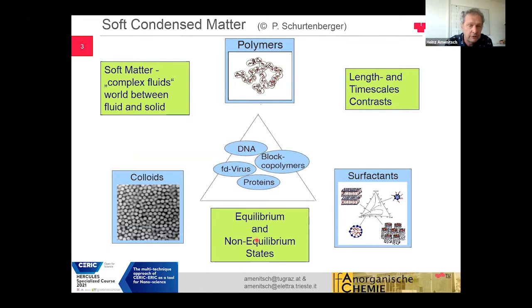Examples for soft condensed matter are polymers, then surfactant systems, where you are looking at very complex phase diagrams. Here showing examples where you go from spherical micelles to tubular structures, so hexagonal phases, or lamellar phases. And then you can also have inverted structures of the same type.